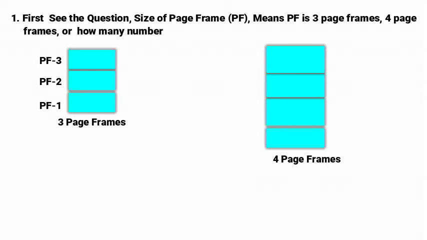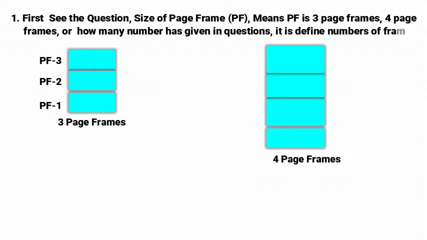It defines the number of frames in the given figure. PF1, PF2, PF3 mean page frame number 1, page frame number 2, page frame number 3, because here the first figure has 3 page frames and the next has 4 page frames.